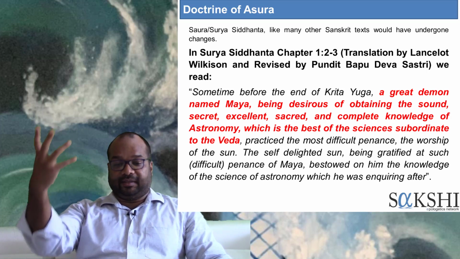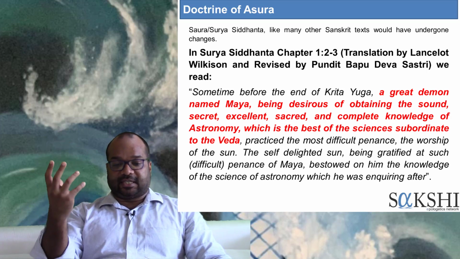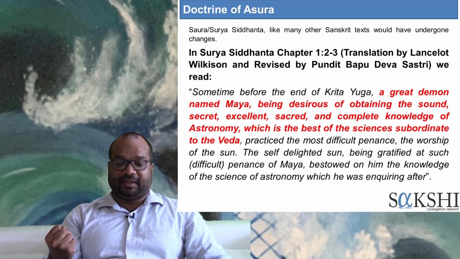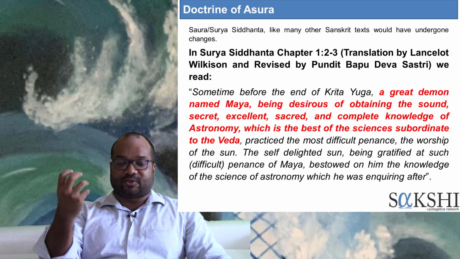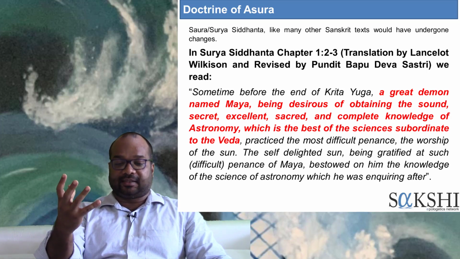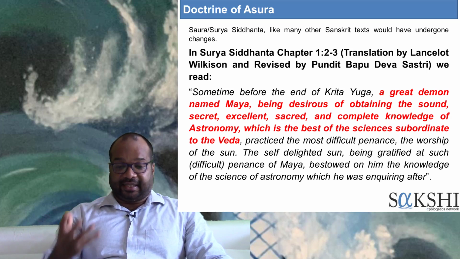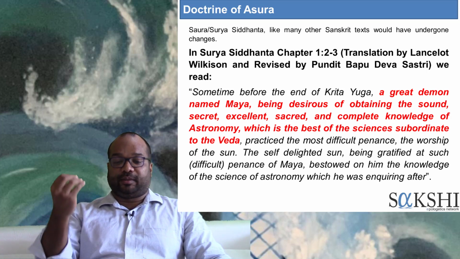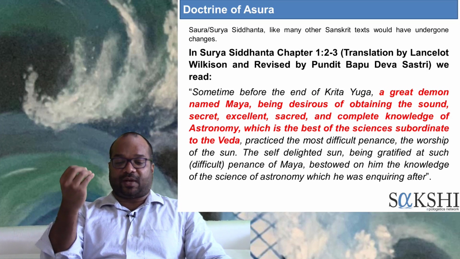Mayasura, a great demon, desiring to obtain the sound, secret, excellent, sacred and complete knowledge of astronomy, which is the best of the sciences subordinate to the Veda, practiced the most difficult penance, the worship of the sun. The self-delighted sun, being gratified at such difficult penance of Maya, bestowed on him the knowledge of the science of astronomy.